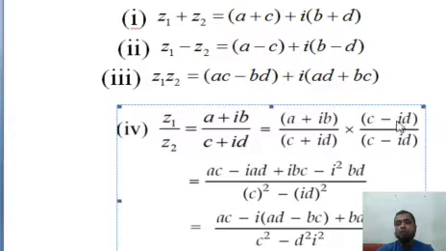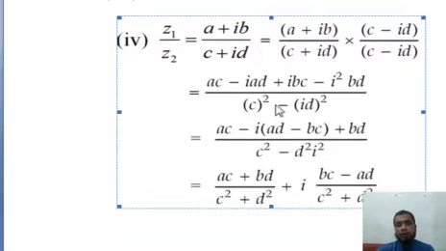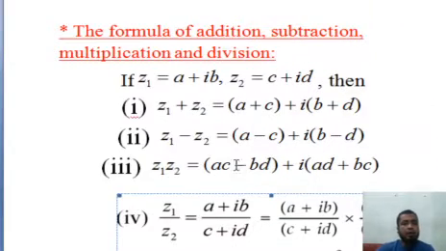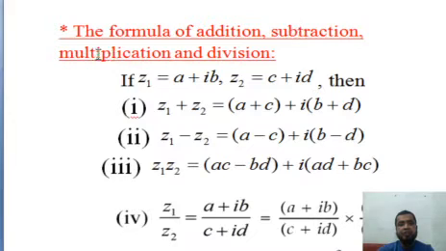Multiply both the numerator and the denominator by c minus id, calculate sequentially, and you will get the real part and the imaginary part. These are the four formulas for complex number operations: addition, subtraction, multiplication and division.